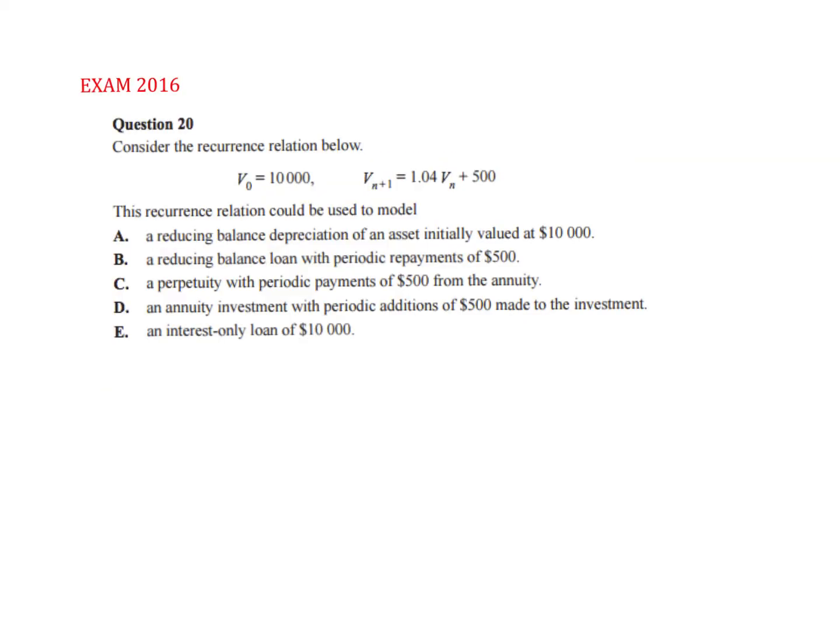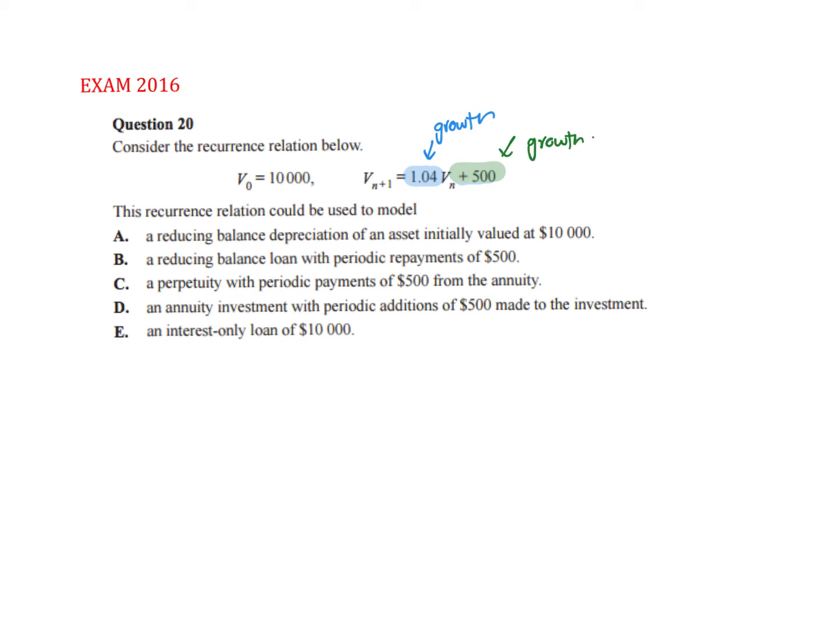Okay, here's a little exam question. Consider the recurrence relation. The recurrence relation could be used to model. I put it in there to help you think about it. But is that growth or decay? That's growth. And what about this next bit? Yeah, that's growth too. So we shouldn't see any decaying scenarios.